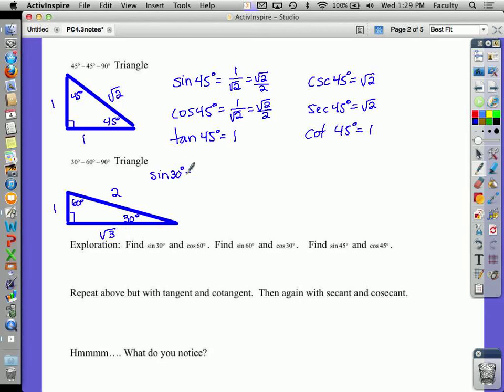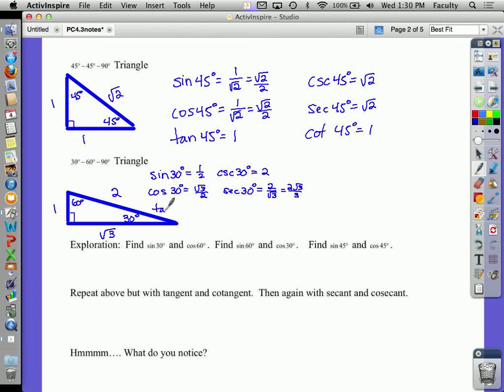If I have sine of 30, it is 1 over 2. So cosecant 30 degrees is 2 over 1, or just 2. The cosine of 30 is radical 3 over 2. So secant 30 is the reciprocal, 2 over radical 3, which I would rationalize to 2 radical 3 over 3.